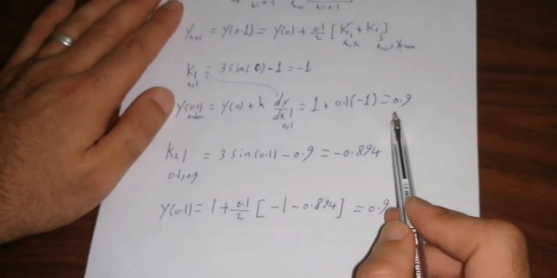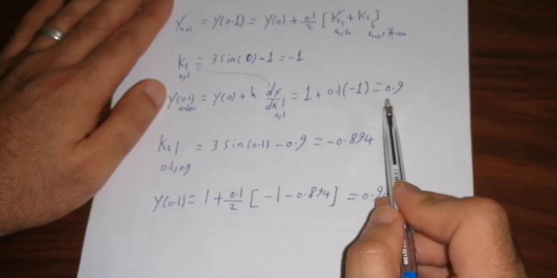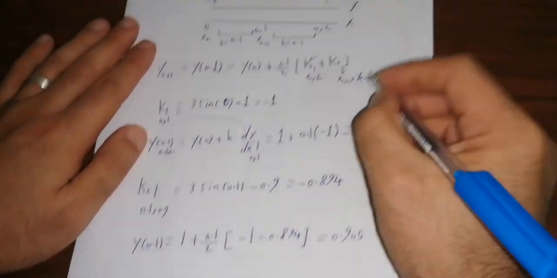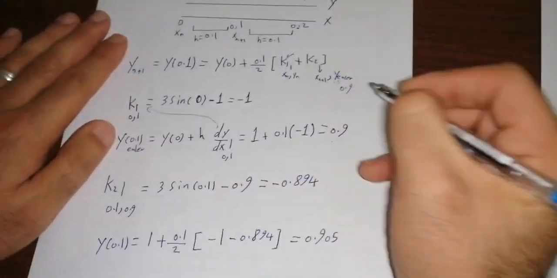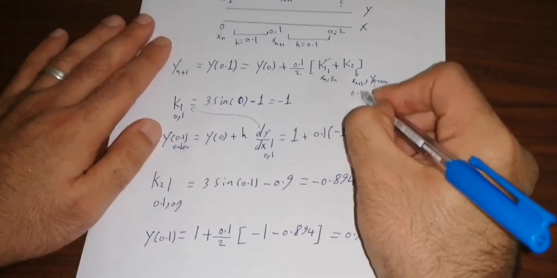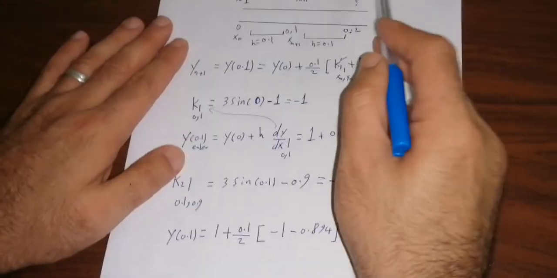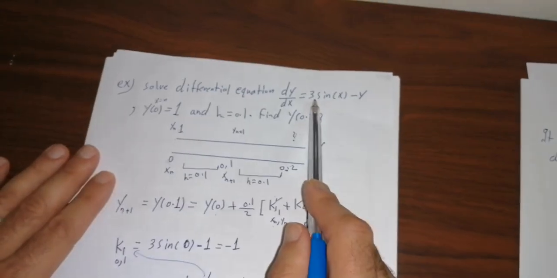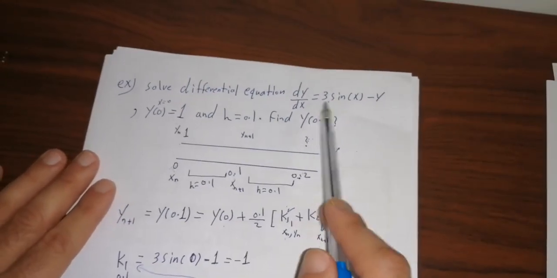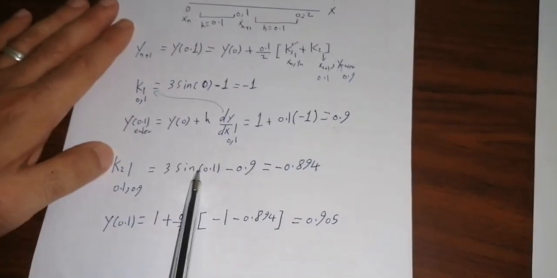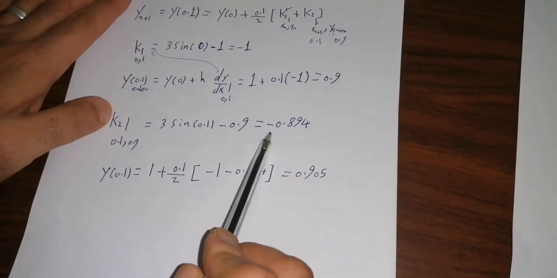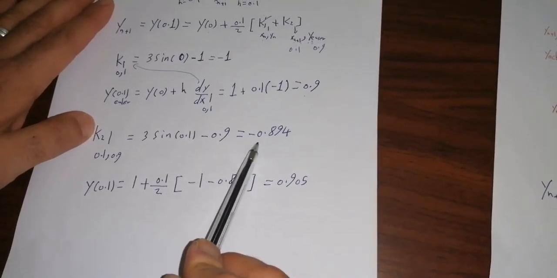So this will equal 0.9, y Euler. Now I know y Euler is 0.9 and x is 0.1, so I substitute into the derivative slope: 3 sine 0.1 minus y, which equals 0.9.